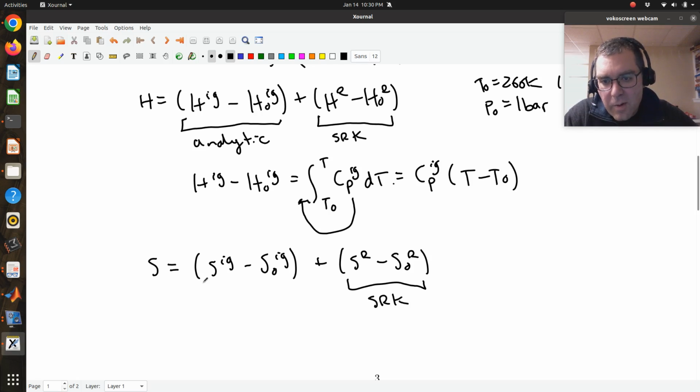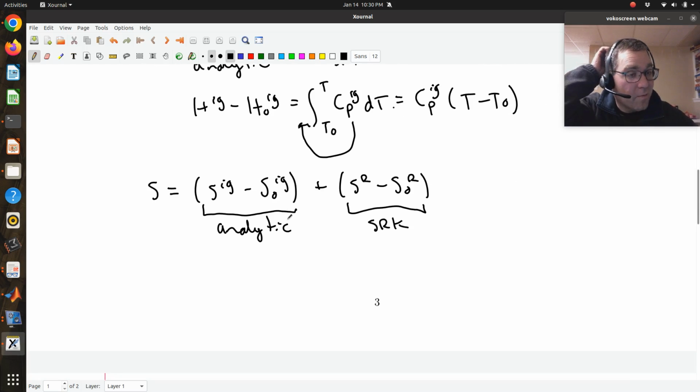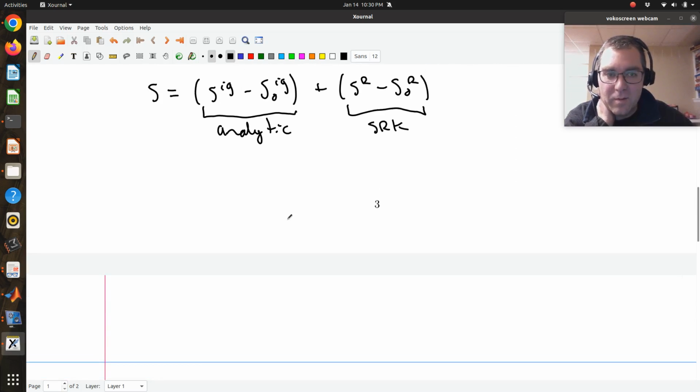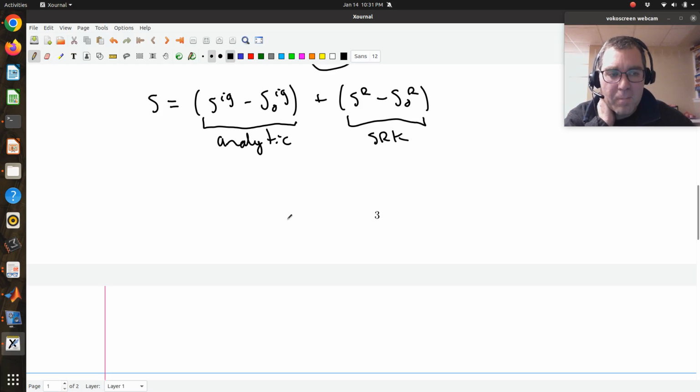And when I see this difference here, I'm thinking analytic equation. But now it's a matter of how I'm going to compute this. In this case, it could be a little more involved, but we've got this.